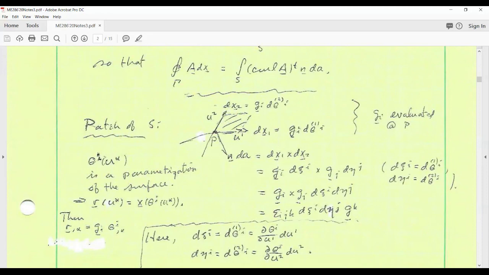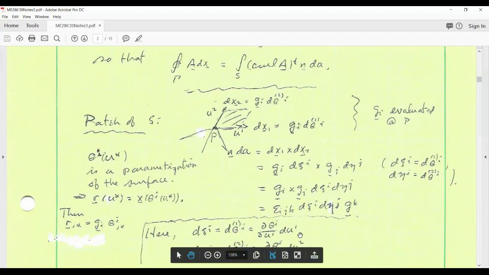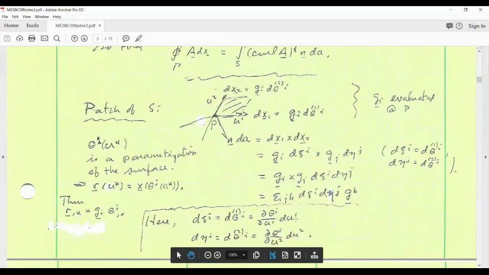So I'll write dx1 is g_i d psi^i, where d psi^i is d1 theta^i. And dx2 is g_j d eta^j, where d eta^i is d2 theta^i. So here's what I mean by these. d psi^i is d1 theta^i, but by that I mean hold u2 fixed, so we're on a curve of constant u2.